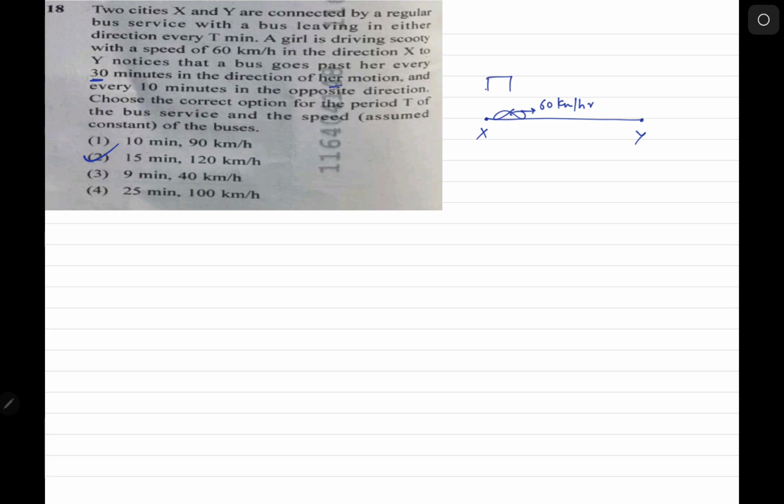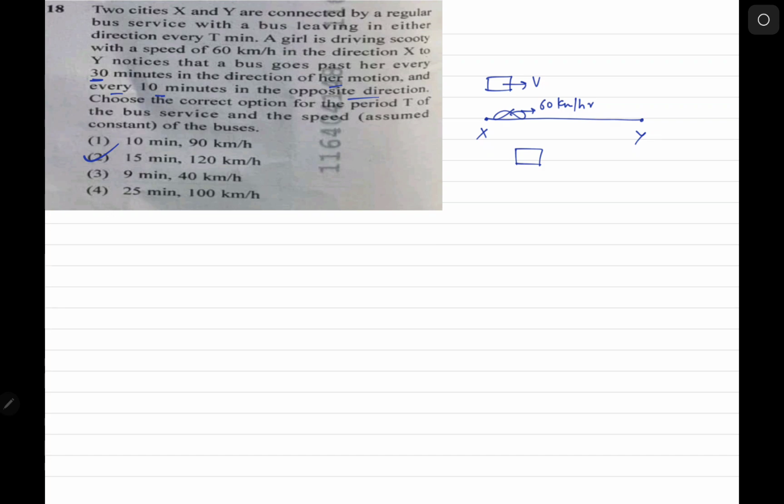That means there's a bus moving in the direction of her motion every 30 minutes. Let's say the speed is V. Another thing, she notices that every 10 minutes she sees a bus in the opposite direction.